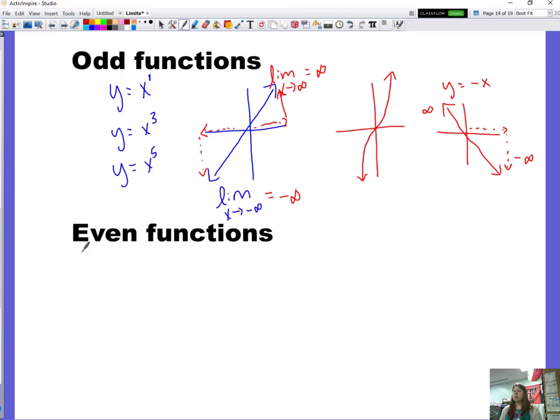Then for our even functions, that would be y equals x to the second power, y equals x to the fourth power, and so on. Even functions start high and end high.